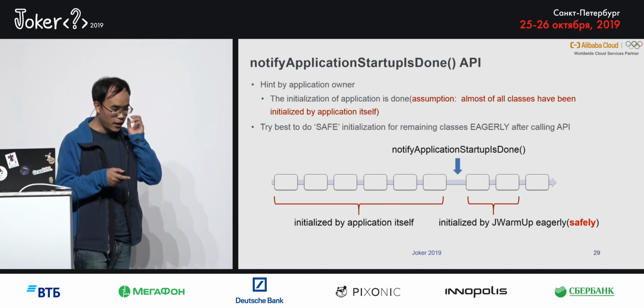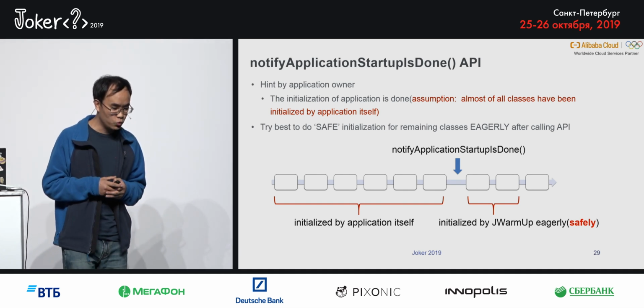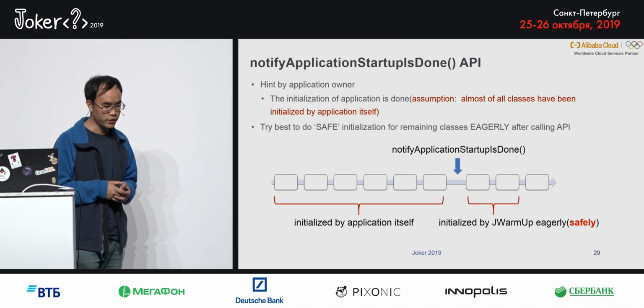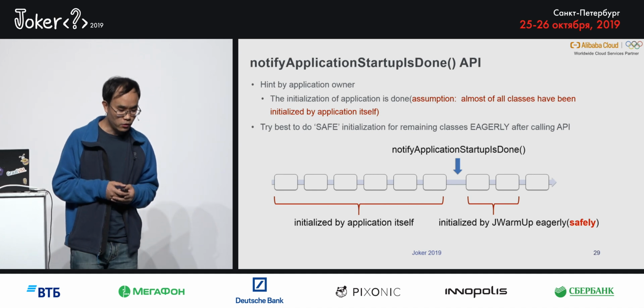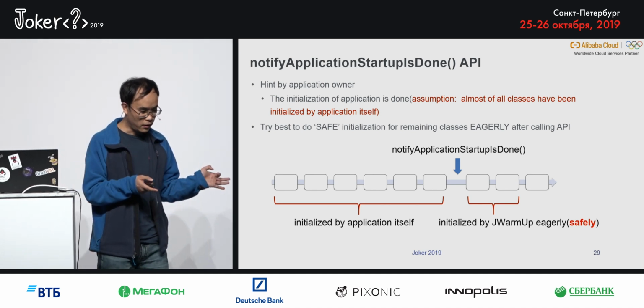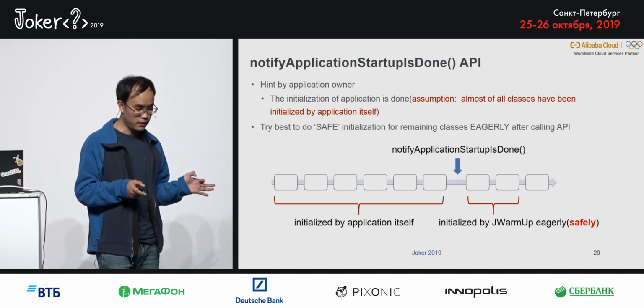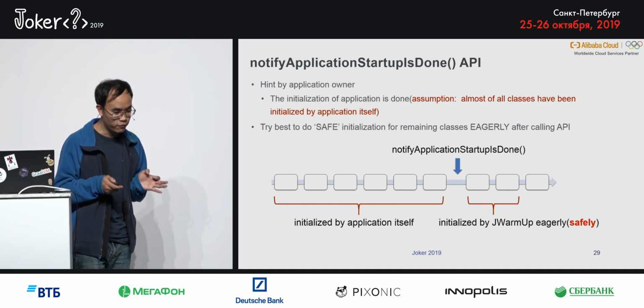So it's safe, no worry. After this API is done, then in the second round, we try our best to do the safe initialization for remaining classes eagerly. You can look at this picture. Before this API call, the classes have been initialized by the application itself.